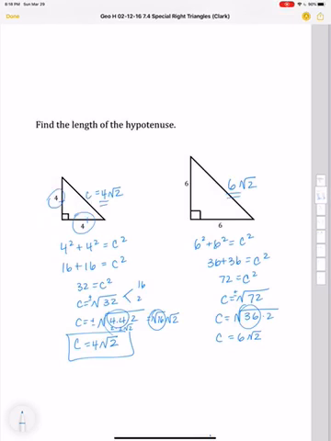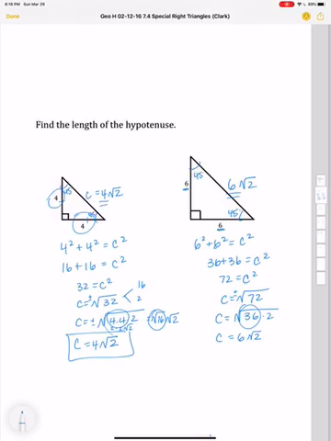So what this tells me is the hypotenuse is always whatever this leg is times the square root of 2. And these were 45, 45, 90 right triangles, and I should have said that at the beginning. And how do I know that?